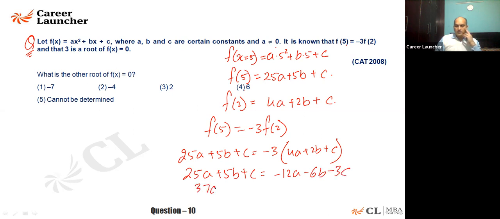That goes 37A plus 11B plus 4C is equal to 0. Yes, is it fine? One is this equation that you are going to get because of this reason.